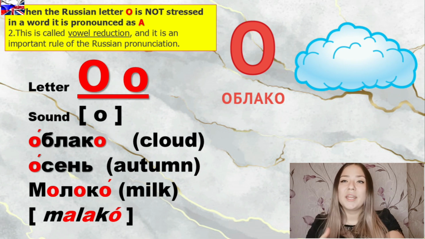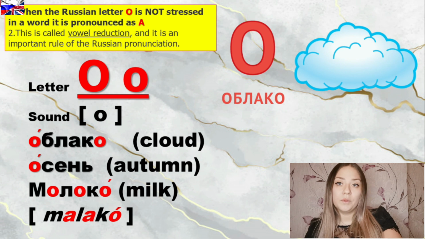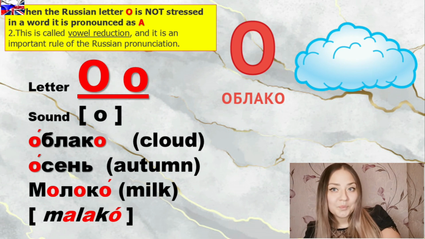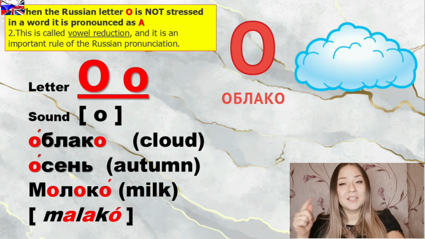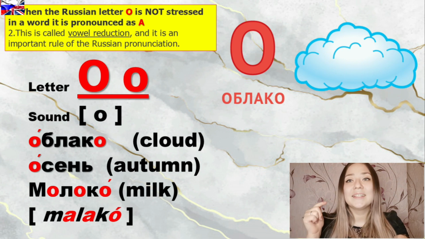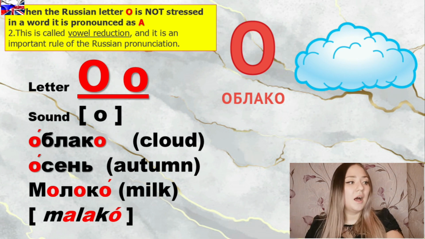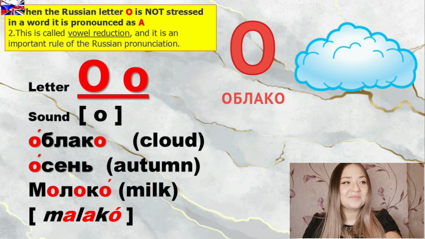That's why we cannot pronounce them as O. We pronounce them as A. The final O is stressed, that's why we pronounce it as O. This is called vowel reduction, and it's an important rule in the Russian pronunciation.